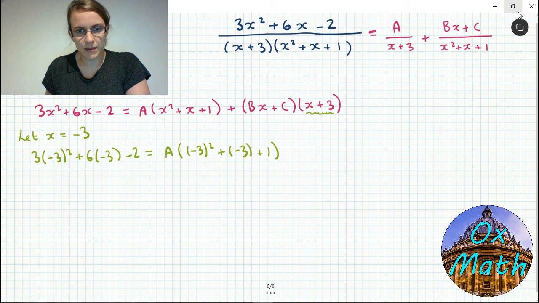This is where this method is a little bit more tricky and prone to error than the other method, because you have to make sure that you are squaring your negatives correctly and substituting correctly.